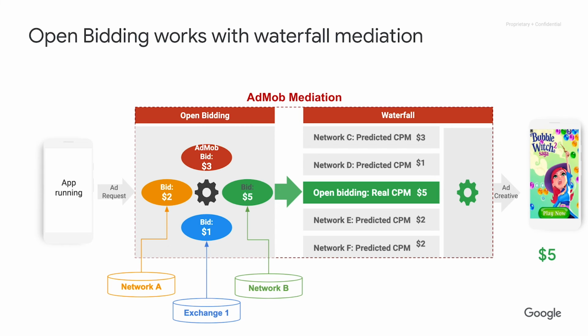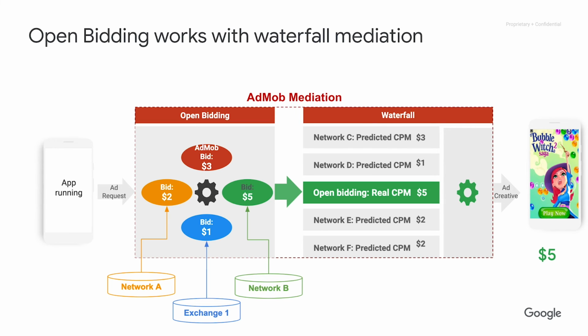And then instead of just serving the winner, we also acknowledge that there's a waterfall setup if you set up the waterfall. So we put the winner into the waterfall. Note that the winner's CPM is a real CPM, meaning winners are ready to serve the ads, and that's the exact price. Whereas in the waterfall, most likely, it's either predicted CPM or the manual CPM that you input in the waterfall.